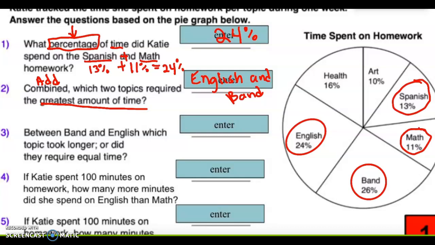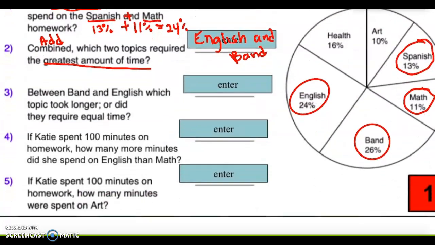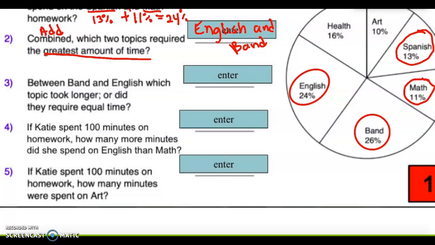Again, remember to follow along on your paper, take notes as we go through the problems. Now I'm going to move up a little here. Next, I'm going to go to number 3. The question is, between band and English, which topic took longer, or did they require equal time? So again, I'm still looking at band and English, and I'm being asked which one took the most time.